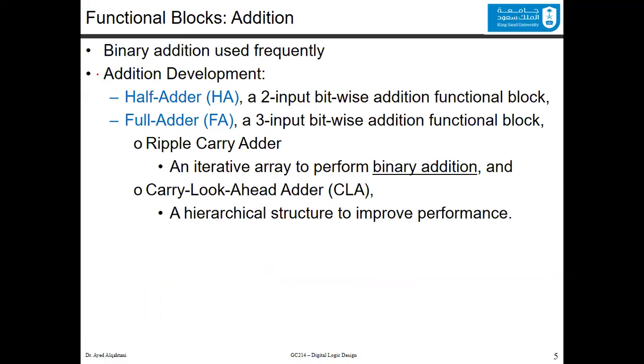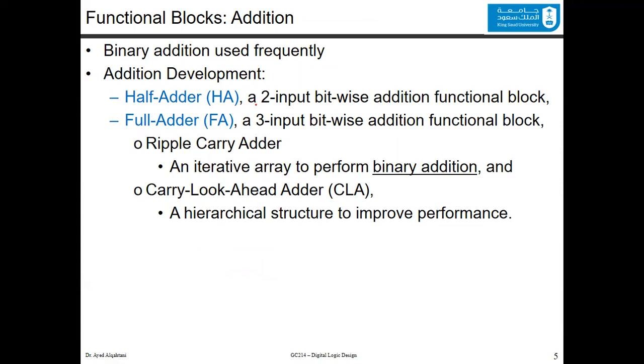Now, we will use this in many of the arithmetic functions, starting with the functional blocks, which is the addition. The binary addition is used frequently in any computer architecture. We will discuss the half adder, HA, and then we will discuss the full adder.